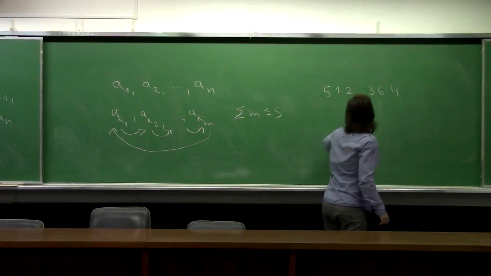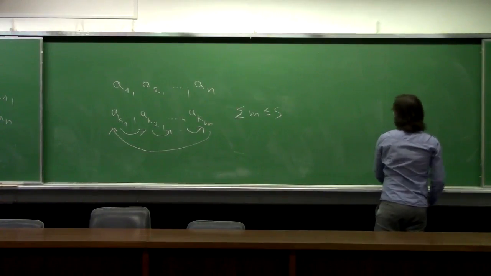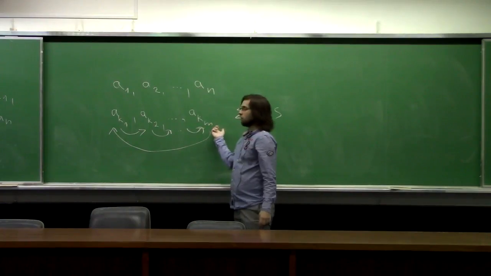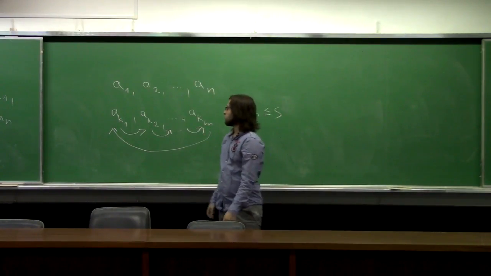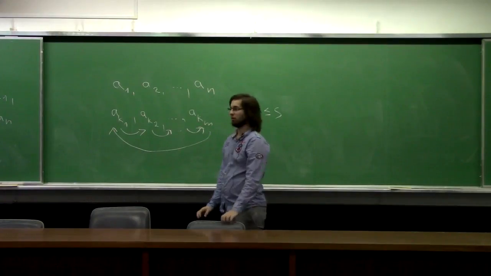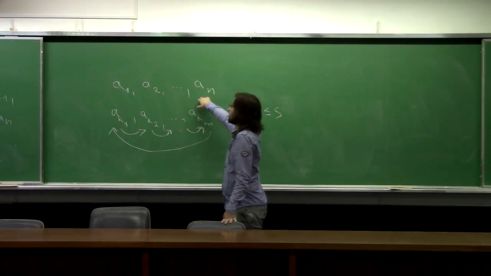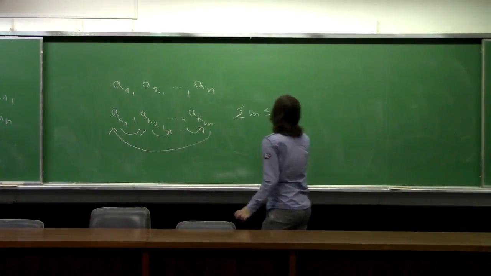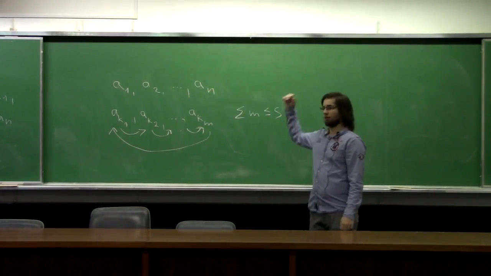The harder part is what to do if we have this constraint, because what's the total cost of this? Of course, each number ai not equal to i must be moved at least once. So if s is smaller than that number, then nothing can be done.